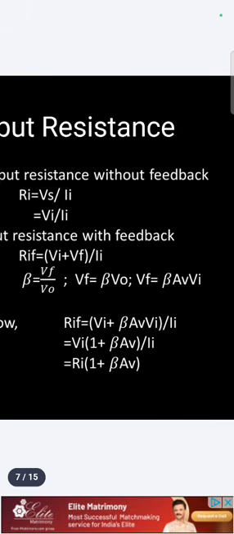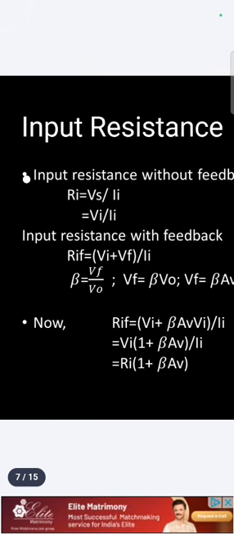From this equation, take the numerator term: Vi is common, so take Vi outside. The remaining term is 1 plus beta into AV. Then from the numerator Vi and denominator Ii, what is Vi by Ii? Ri. So this is the expression to find the input resistance.